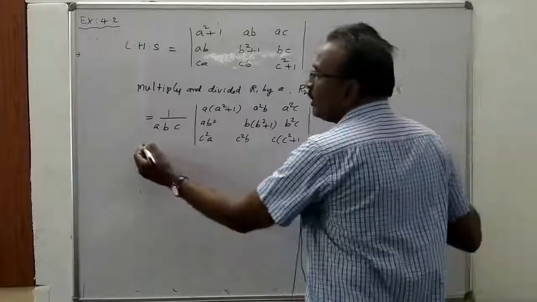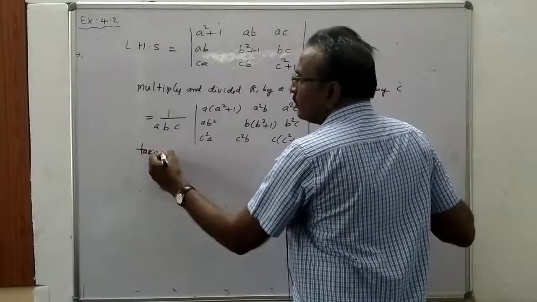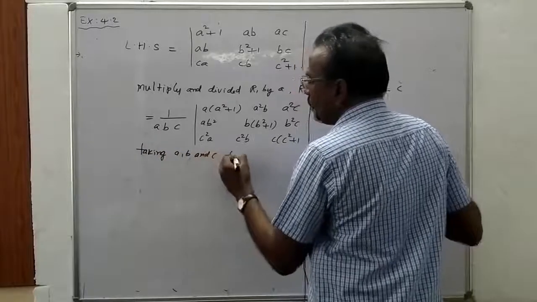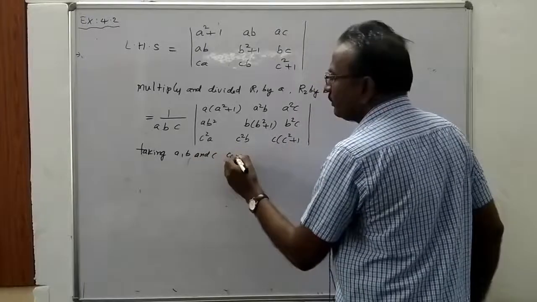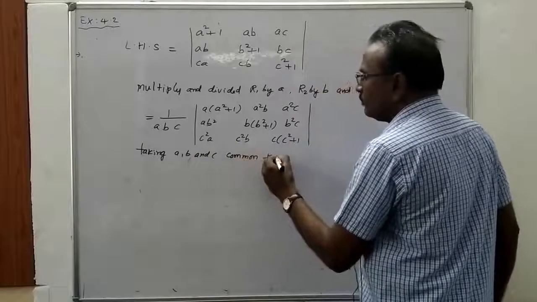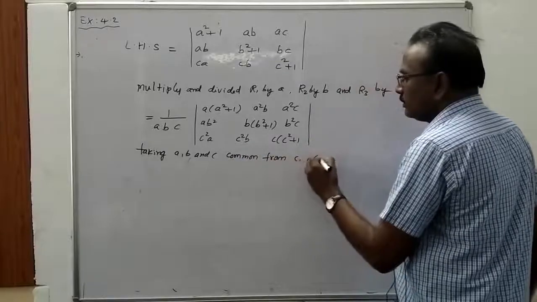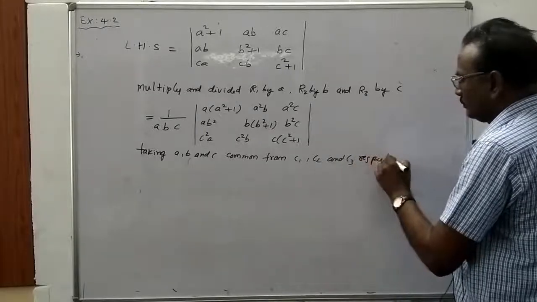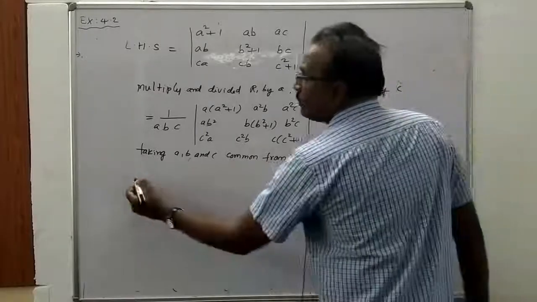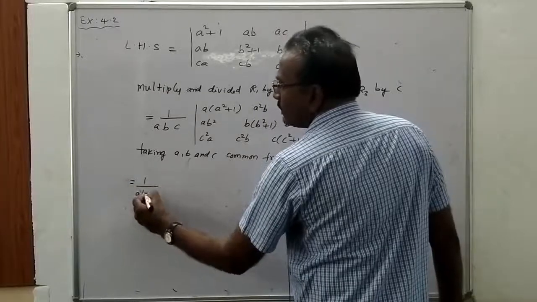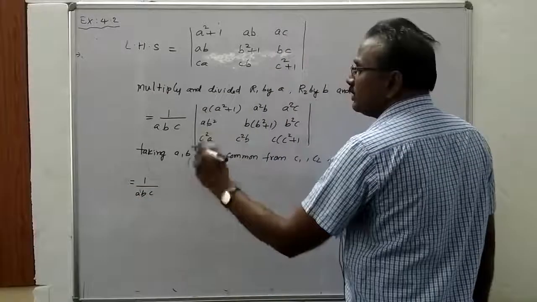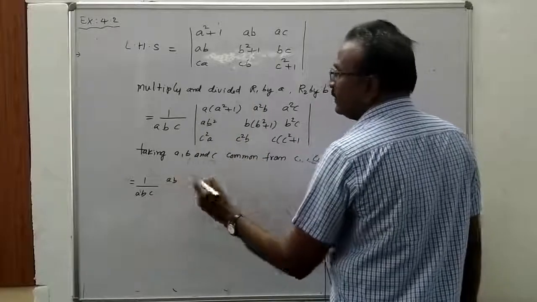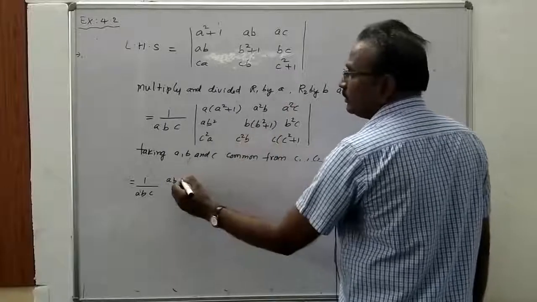So taking a, b and c common from c1, c2 and c3 respectively, we get 1 by abc. Here a is taken common from c1 and taken outside, b from c2, and c from c3, taken outside.